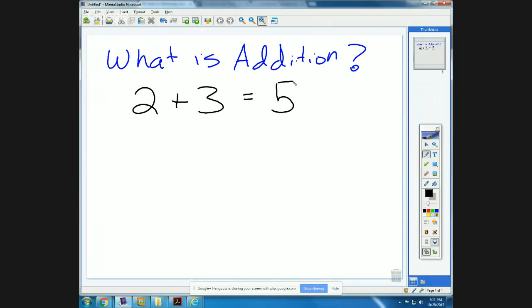So just a thought. 2 plus 3 is 5, but why? Why should 2 plus 3 be 5? There's a few things we have to consider there.